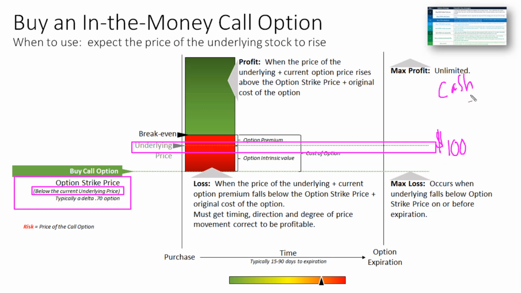All right, that's the name of the company, Cash Money, honey. Let's say we want to buy an in the money option. That would mean buying maybe a 97 strike. That would make it in the money.